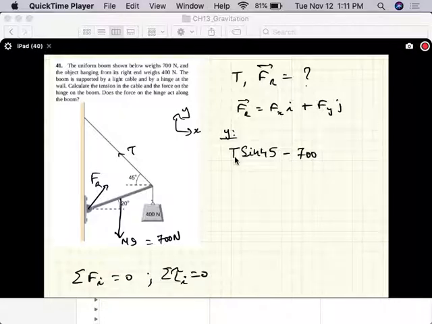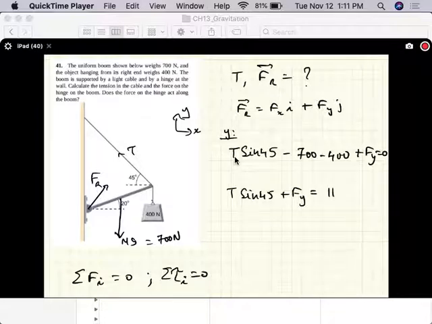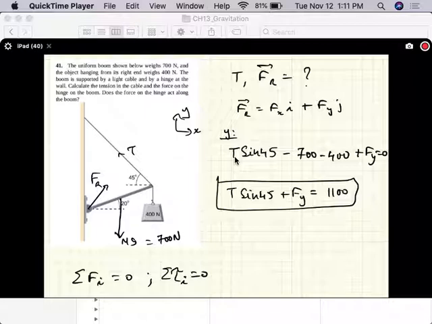Minus 700 minus 400 plus Fy equal to 0. So T sine 45 plus Fy equal to 1100. So that's what the y component of the equation gives us.